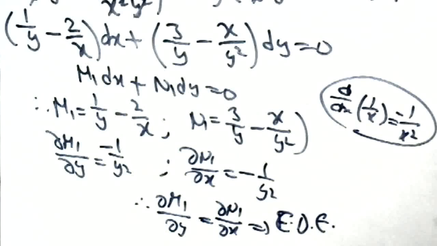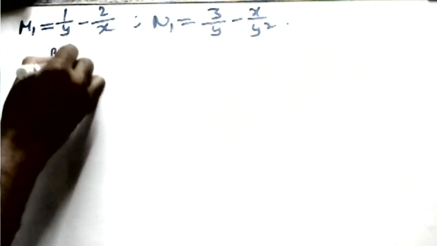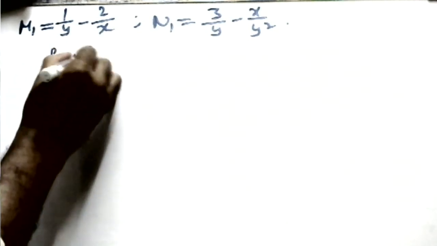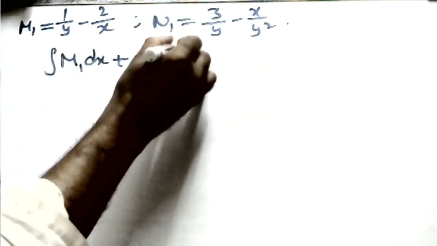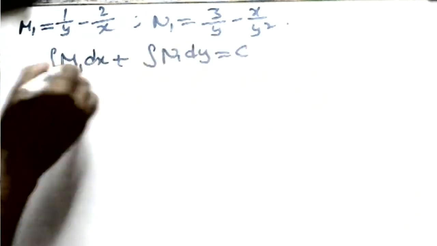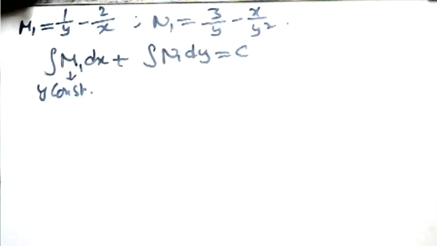Let me continue this from the top of the board. Now see here, let me use the formula. What the formula we have? In the previous class we already learned about this: integration of m dx plus integration of n terms dy equals to c. Here we take y as constant.